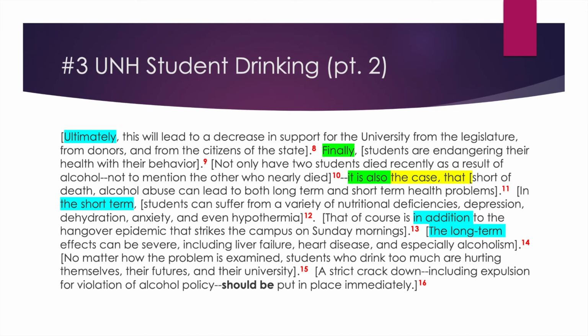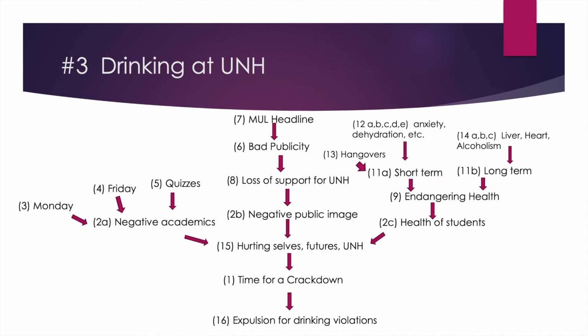So let's see how this plays out in a diagram. It's a little bit more complex, but the diagram itself, I think you'll see, makes perfect sense when you see all of these parts put together. So again, we start with where we ended, and we have that conclusion at the bottom of the diagram, assertion number 16, that students who violate the alcohol policy of the university should be expelled, right?